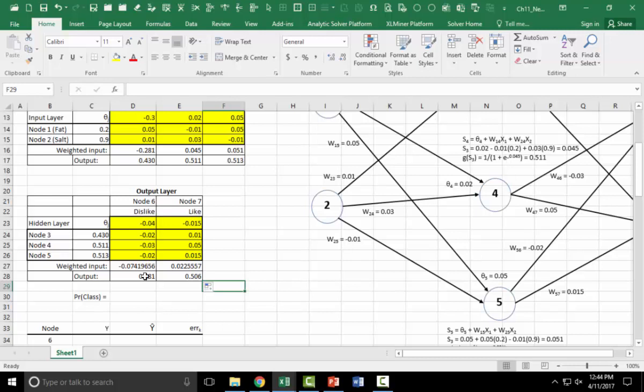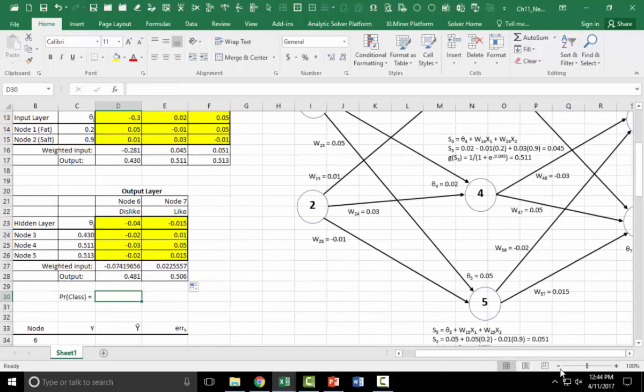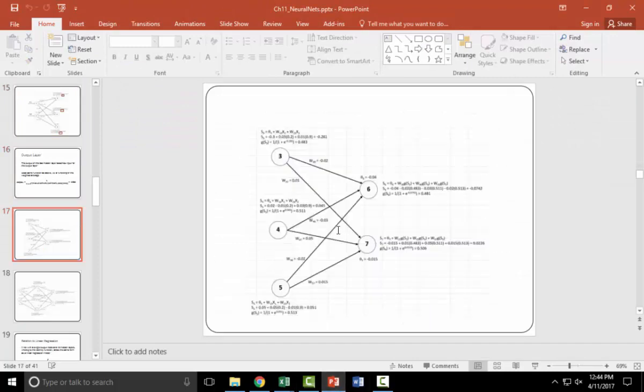So now we need to convert these outputs into probabilities. So you have the output values coming out here, and those are converted into probabilities.